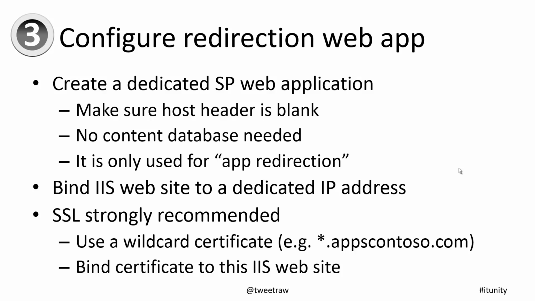So the way I do it, number 3, is I create a dedicated web application for what I call redirection. I'm kind of using air quotes, even though you can't see that. This is my redirection web app. Let me give you a little background on why I'm doing this. We need to make sure this app web is going to be able to be processed by the SharePoint pipeline.